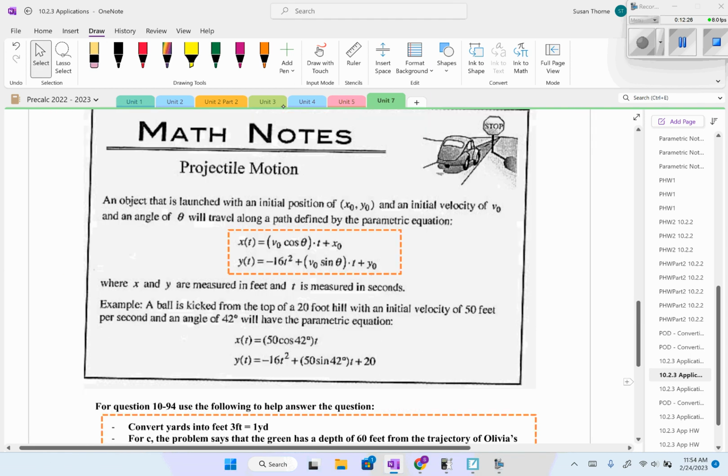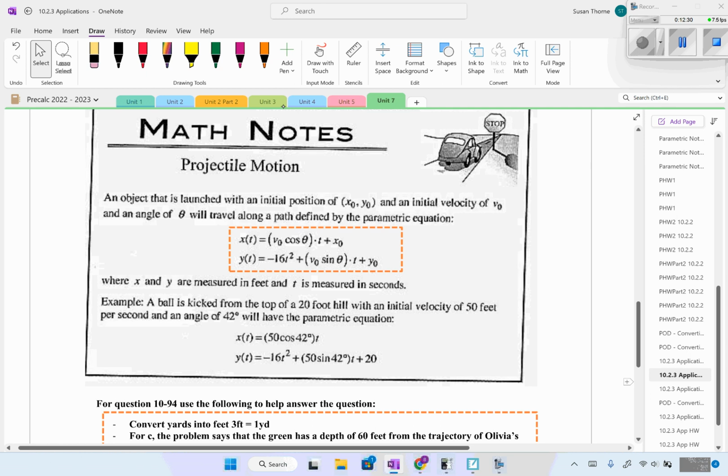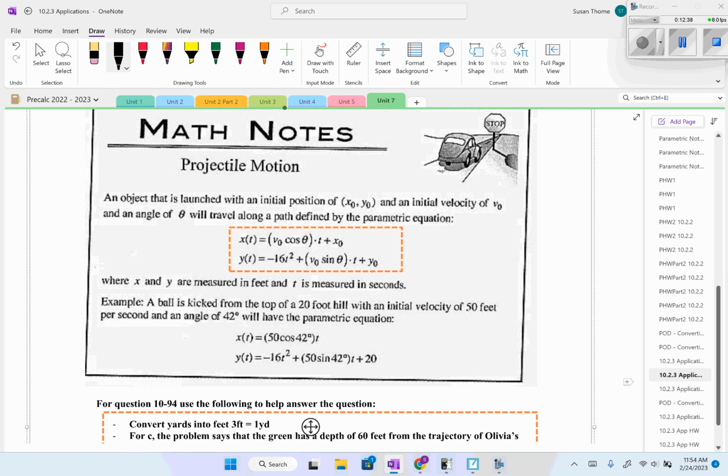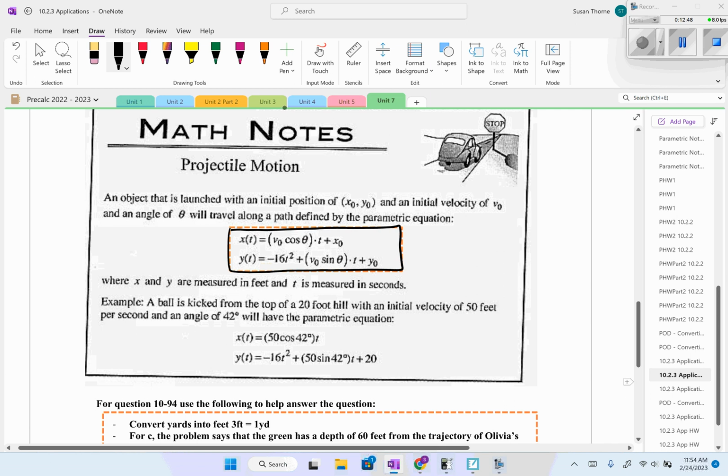So projectile motion: an object that is launched with an initial position of x sub 0, y sub 0, and an initial velocity of v sub 0 and an angle of theta will travel along a path defined by the parametric equations below. And notice these are similar to the equations that we used above. We just didn't actually write the formula.